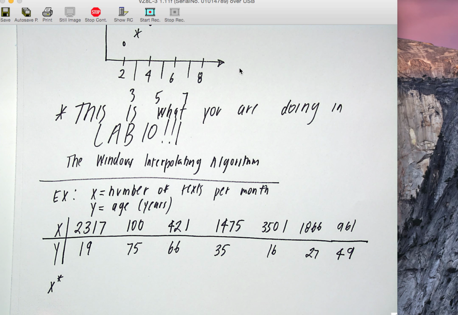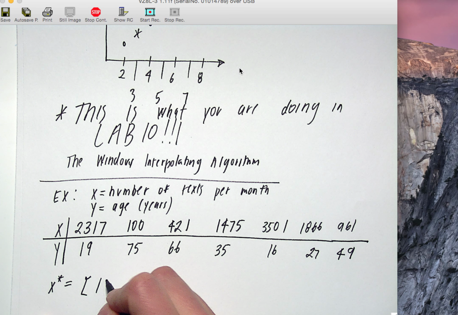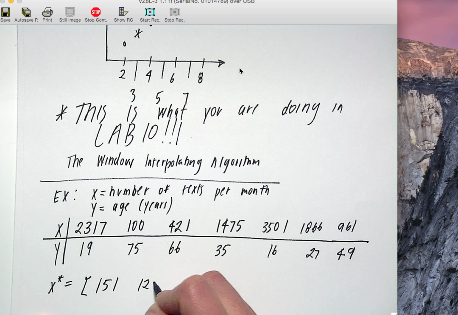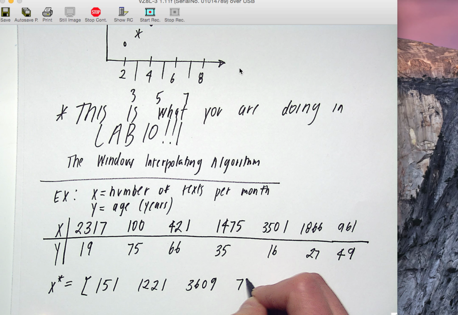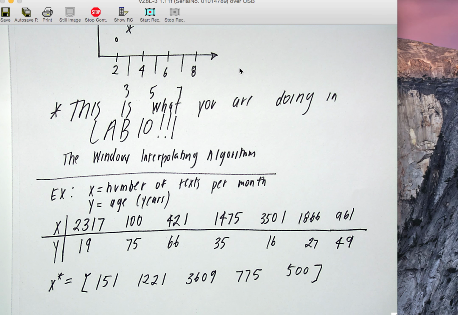So remember, it's not just one value, but it's actually a bunch of values. So let's say that I knew five other people, and I happen to know how many texts they sent and received that month, and I want to use this relationship to predict how old they are.